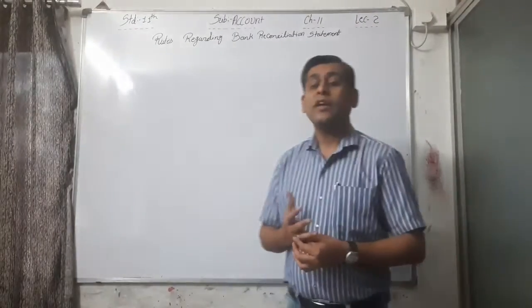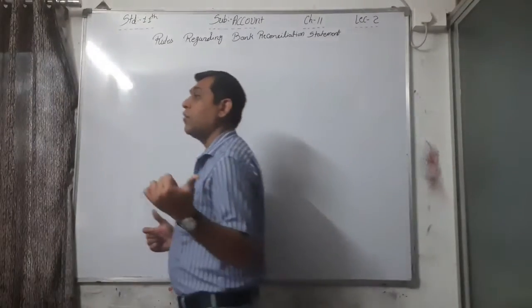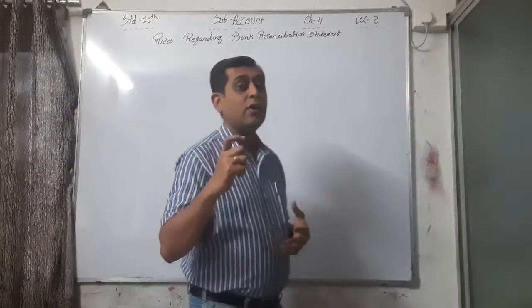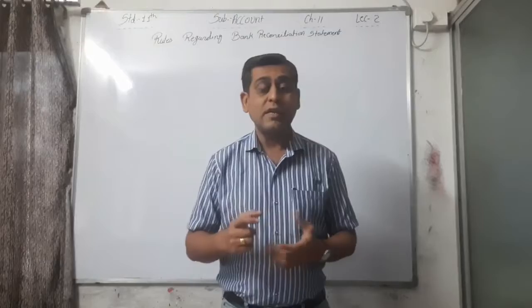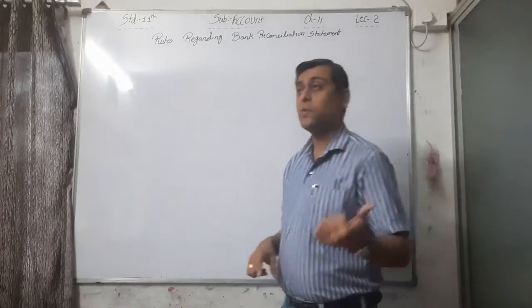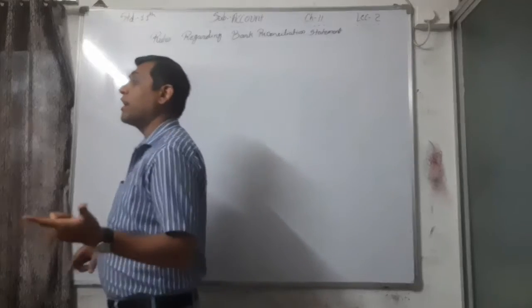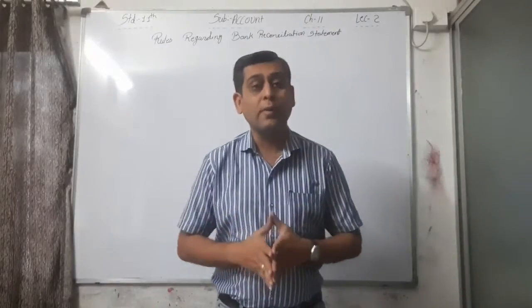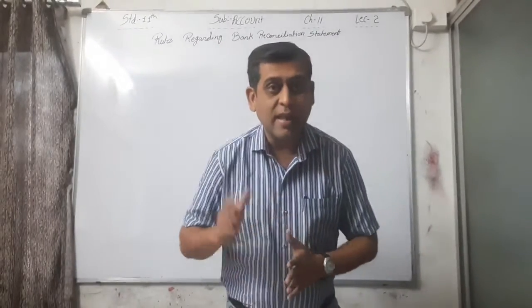I told you in my last session that I gave you the first rule, that is the starting point of the practical sums: bank balance as per cash book, bank balance as per passbook, bank overdraft as per cash book, and bank overdraft as per passbook. I hope you all remember which is the debit balance and which is the credit balance.